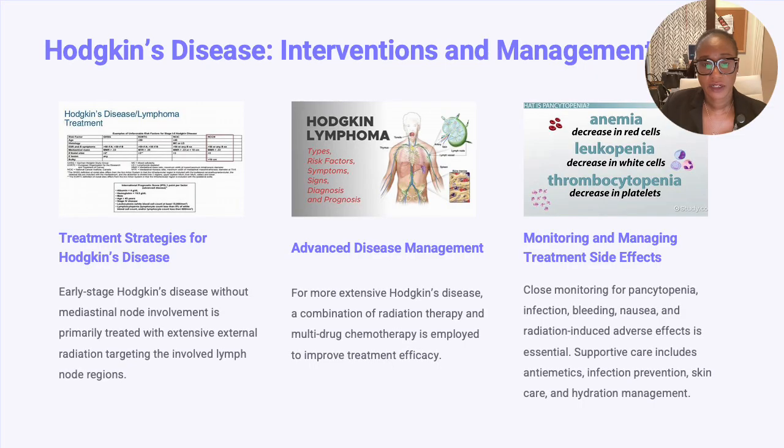We want to monitor for nausea and vomiting and administer any antiemetic that is prescribed to help manage those symptoms. We also want to implement any hydration management as well for these patients.